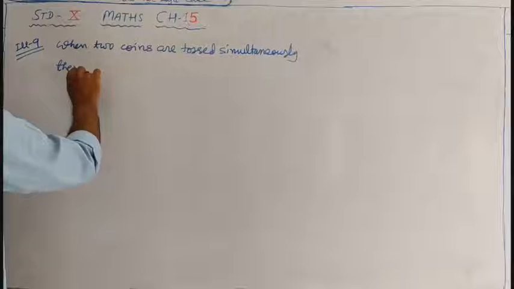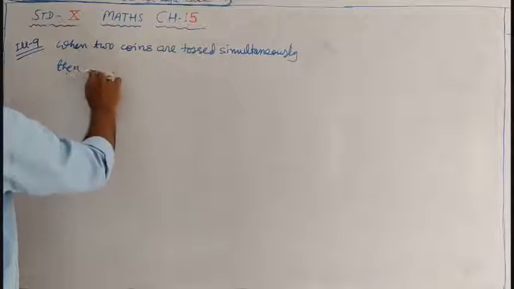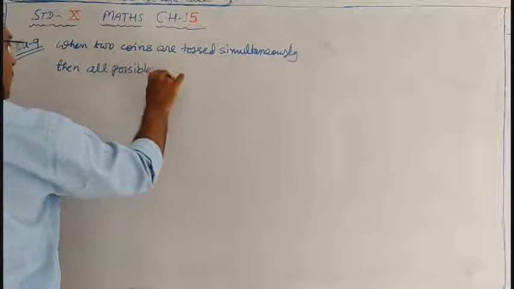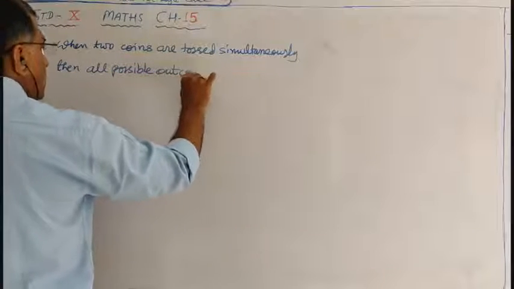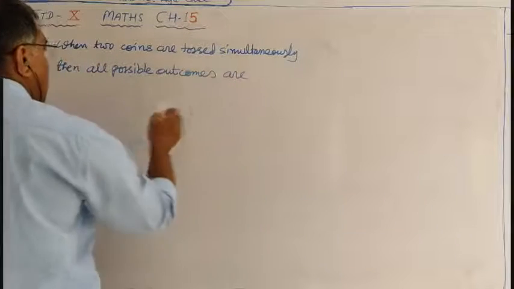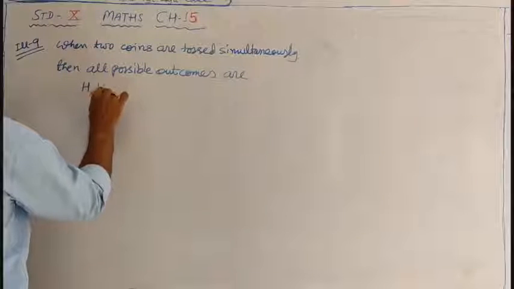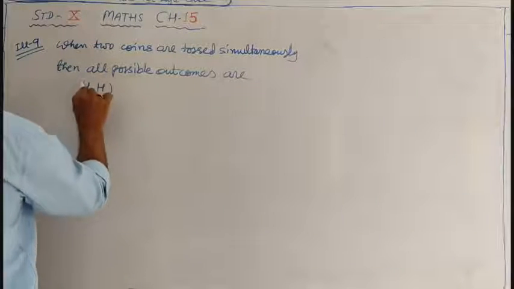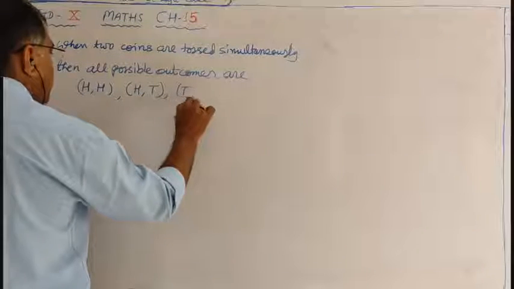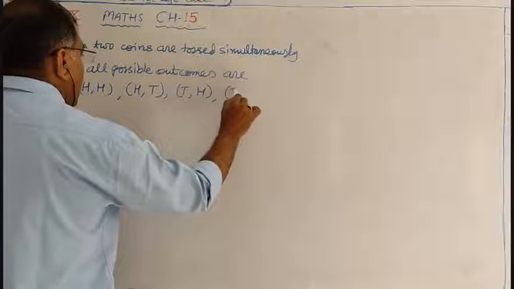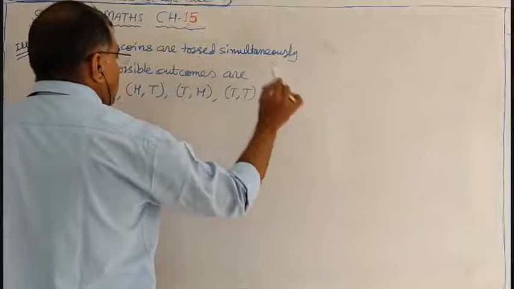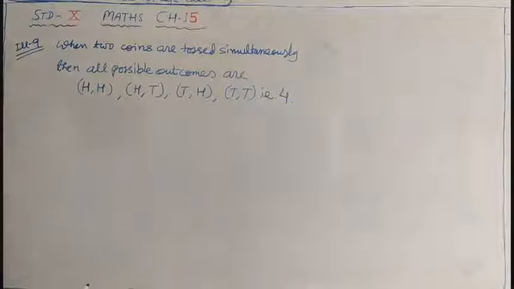All possible outcomes are either both will be head, or first one head and the second one tail, or the first one tail and second one head, or both may be tail, and that is 4. So here all possible outcomes are 4.